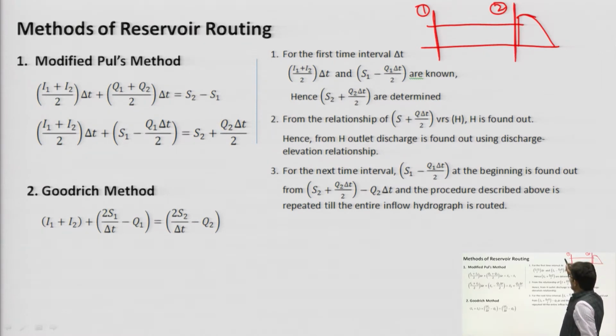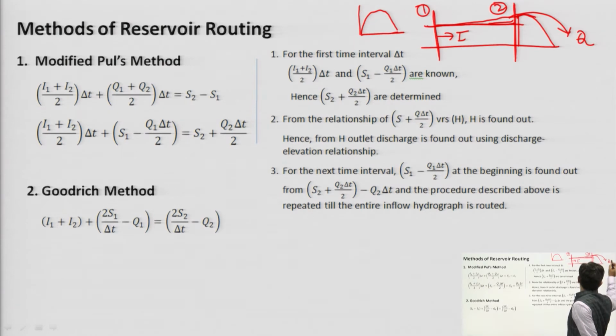If the inflow hydrograph, meaning the input hydrograph, is entering at section 1, then some part of the water is stored, and after storing, the water is coming from section 1. So, this is input and this is outflow.